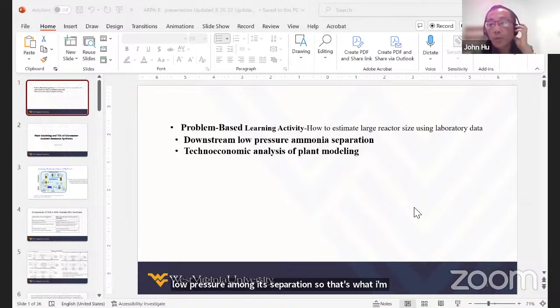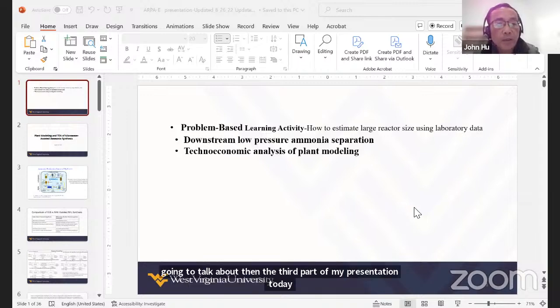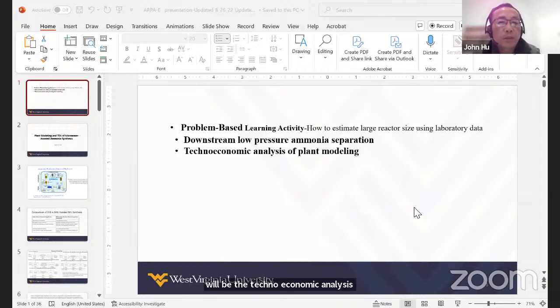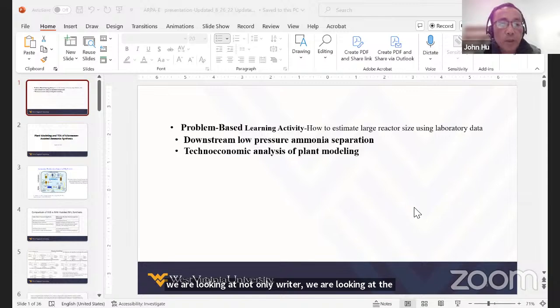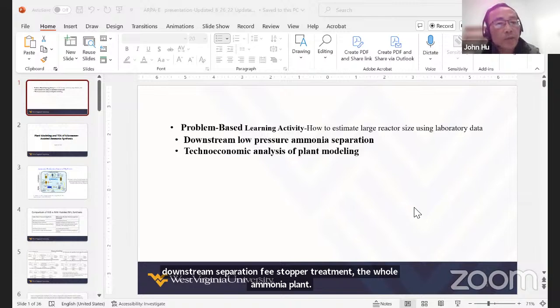Then the third part of my presentation today will be the techno-economic analysis of plant modeling. We are looking at not only the reactor, but also the downstream separation, feedstock pretreatment, and the whole ammonia plant, with the techno-economic analysis of different cases.